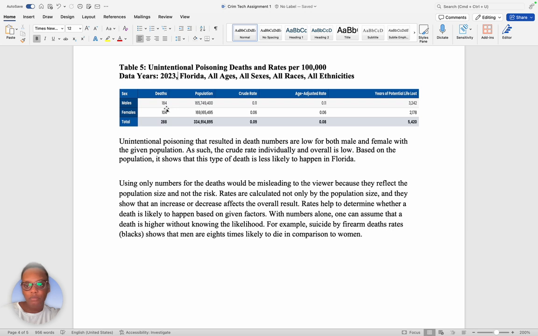For males, we have 184 deaths, and for females we have 104. One can say it's not that high, or we can say male is higher, but the crude rate itself explains the likelihood of it happening out of everything. Okay.